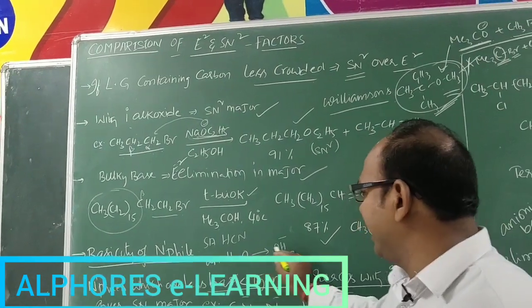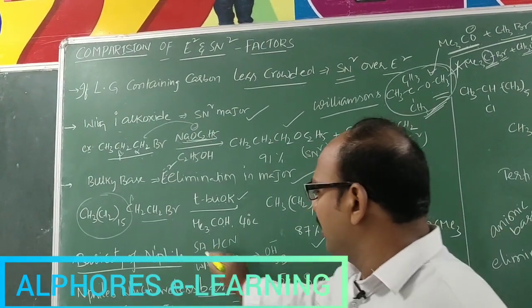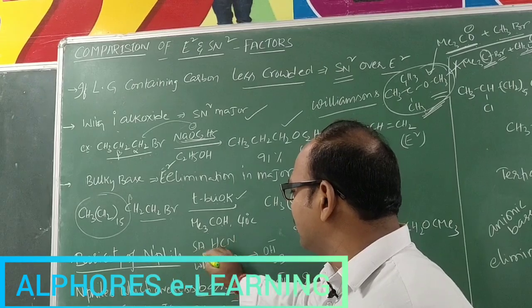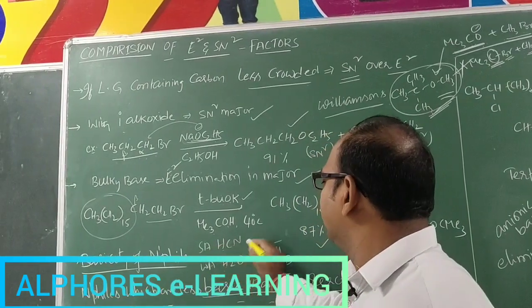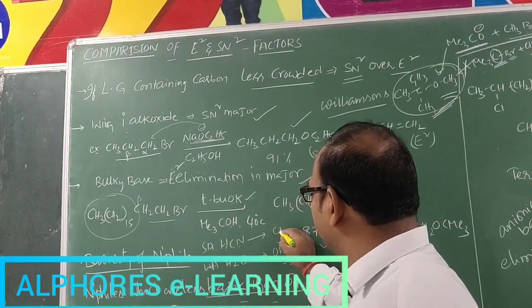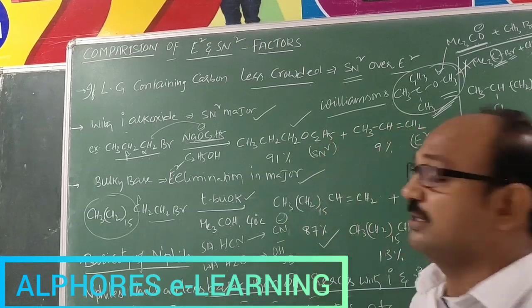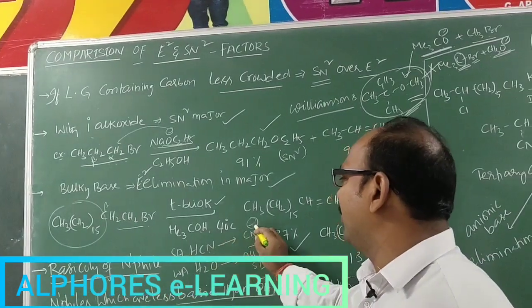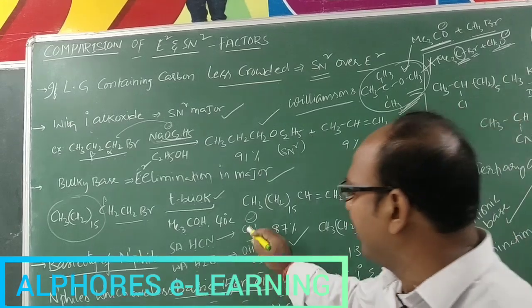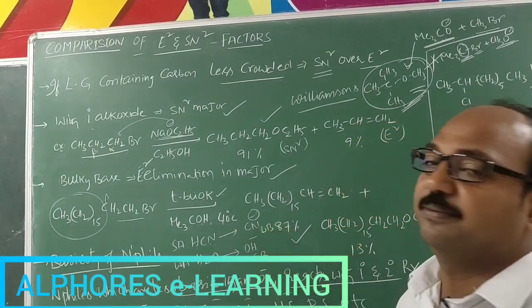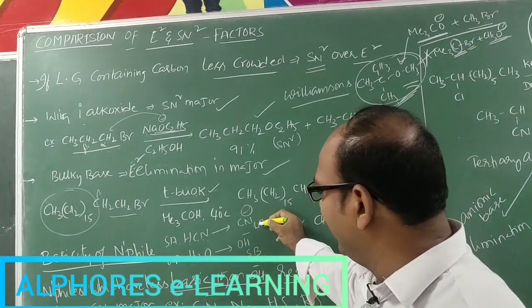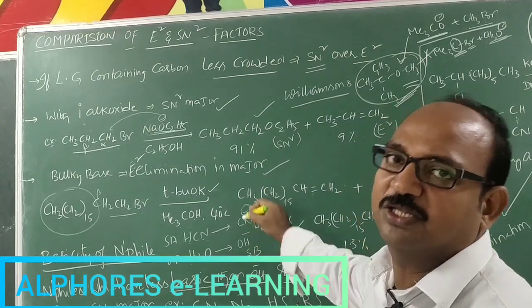Now compare with HCN. HCN is a strong acid compared to water, so from the strong acid conjugate we are getting CN minus. That CN minus is a weak base, so being a weak base, a weak nucleophile. Being a strong base, a strong nucleophile.